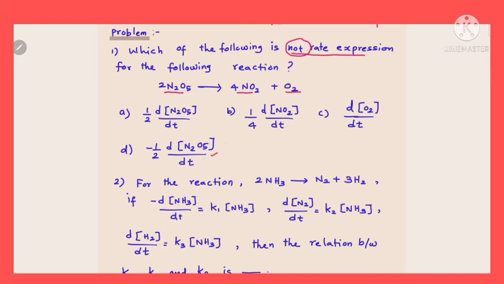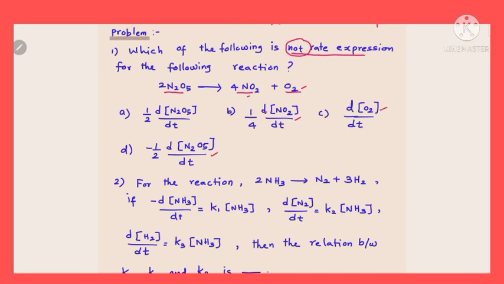So this is the right expression. This is with respect to reactant, isn't it? Then with respect to product, NO2, number of moles 4. So 1 by 4 d of NO2 by dt. This is also the right one. If we express rate based on O2, another product, rate is equal to d of O2 divided by dt, okay.